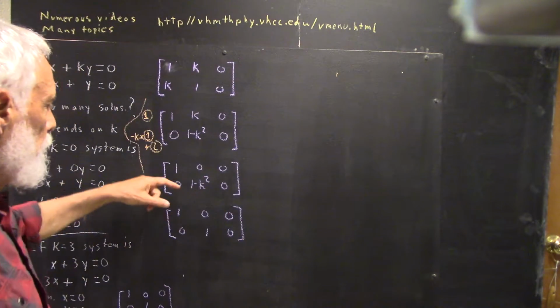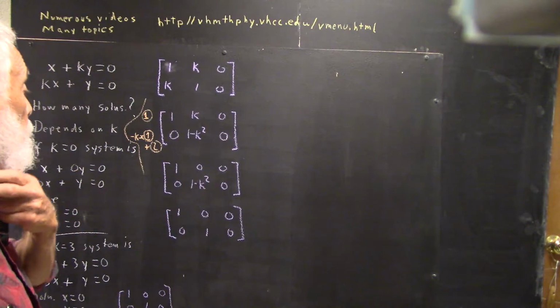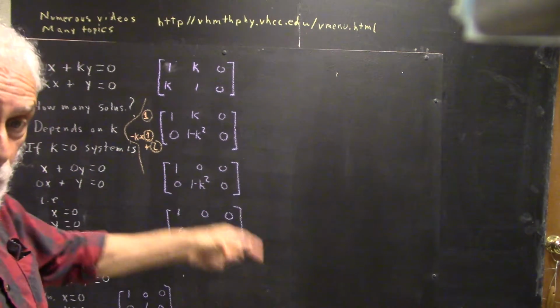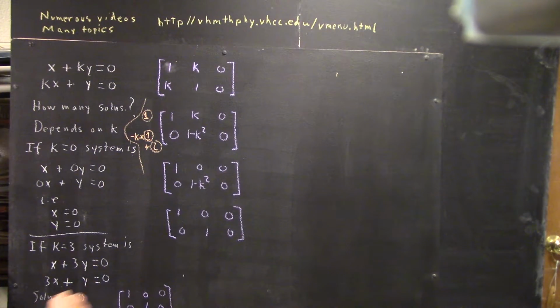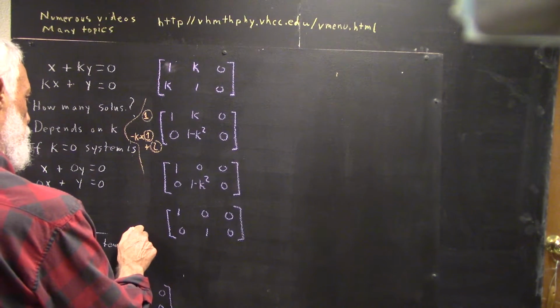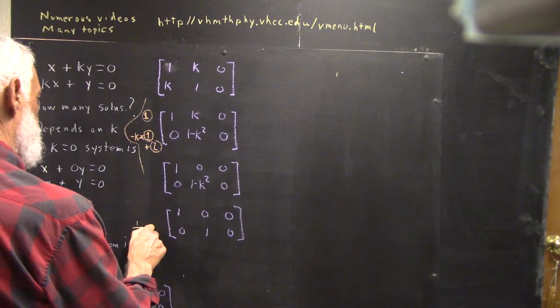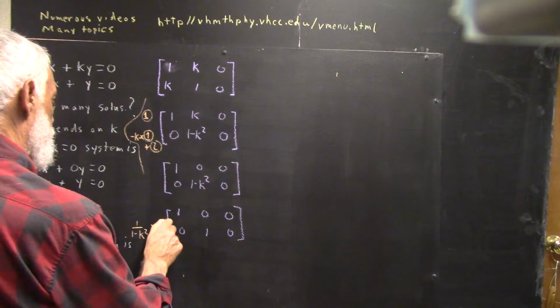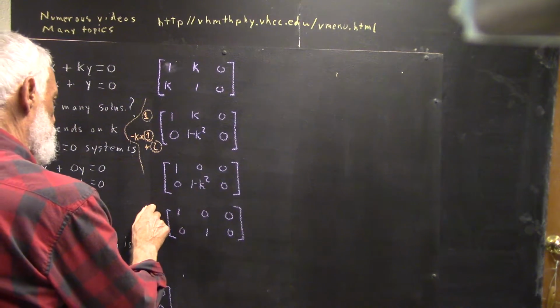Now, how would we get from here to here? Here we would have to multiply the second row by 1 over 1 minus k squared, right? So this would be 1 over 1 minus k squared times the second row, and of course we repeat the first row.